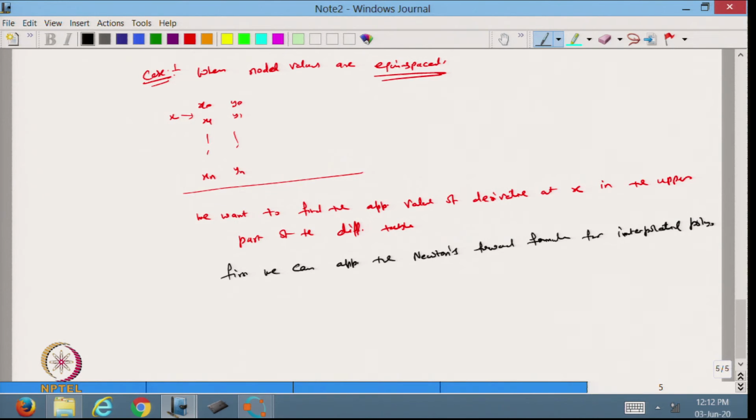Right. So, now we know that I can find the interpolating polynomial.